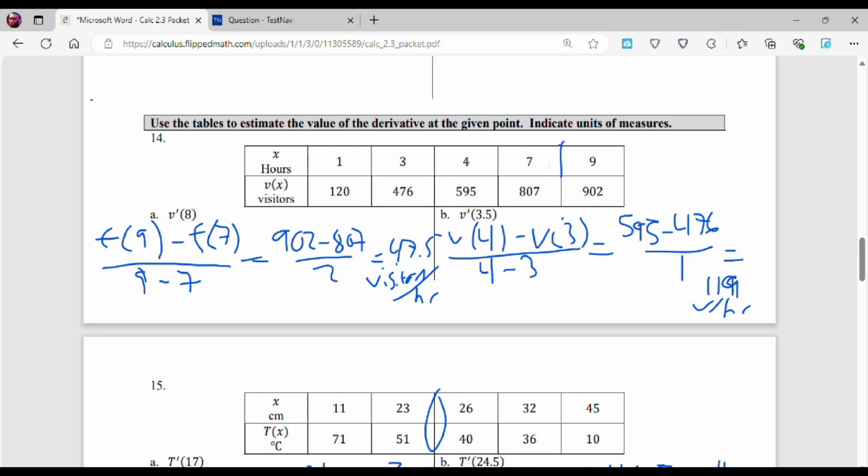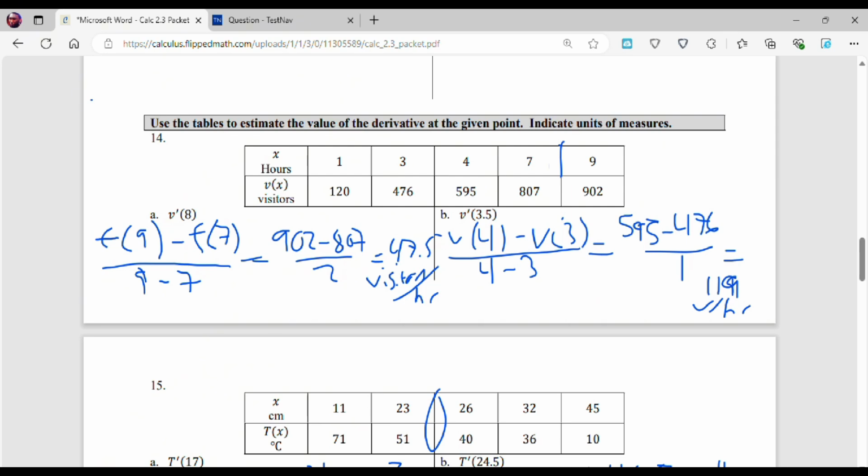Okay. So I already kind of went over v prime of 8, but I'll go into more depth. So we have v of 9 minus v of 7 over 9 minus 7. I used f by accident, but it's v. And that answer that you get is going to be your approximate instantaneous rate of change at 8.